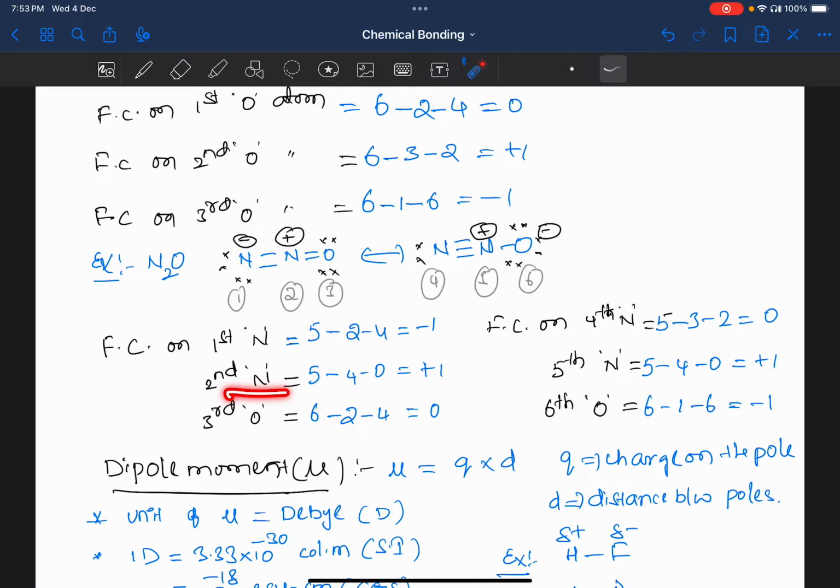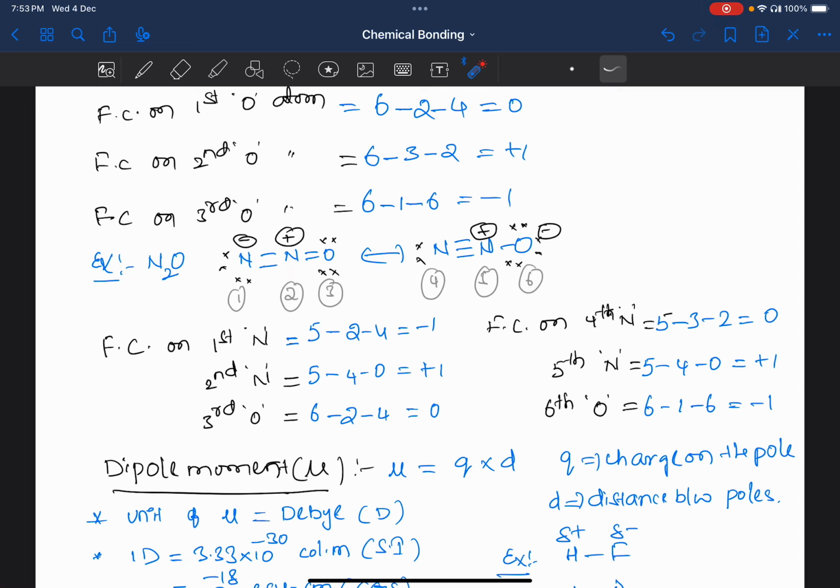And next, on the second nitrogen atom, the number of valence electrons is 5, minus the number of bonds, 4, minus 0, because here there are no paired electrons. So that is equal to plus 1. Therefore, here I kept a plus charge for this nitrogen atom.